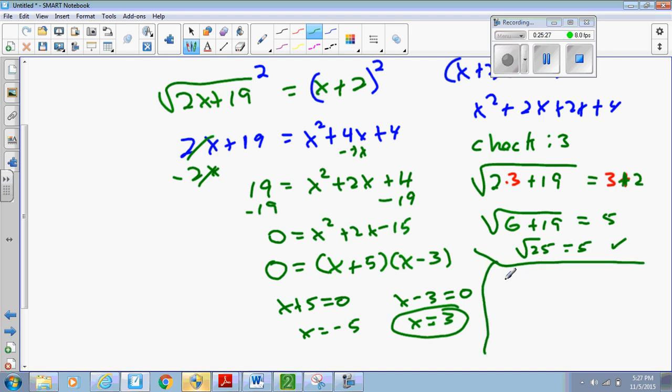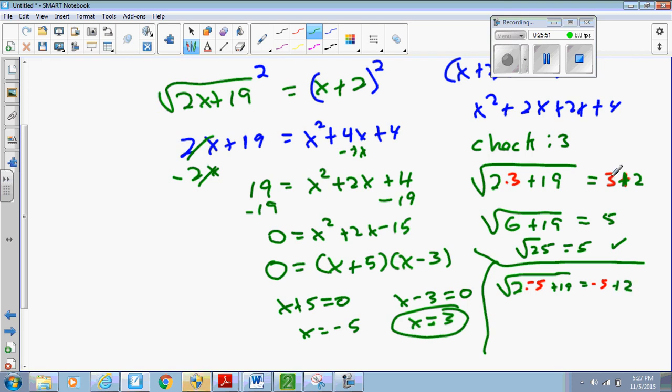But when I check negative 5, I'm going to have the square root of 2 times negative 5 plus 19 equals negative 5 plus 2.